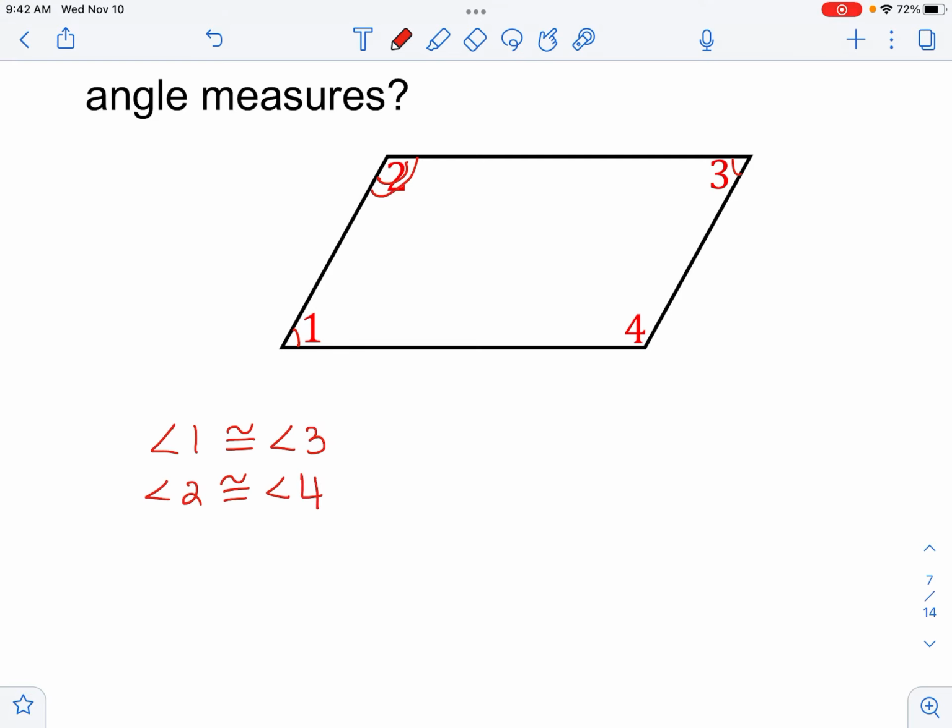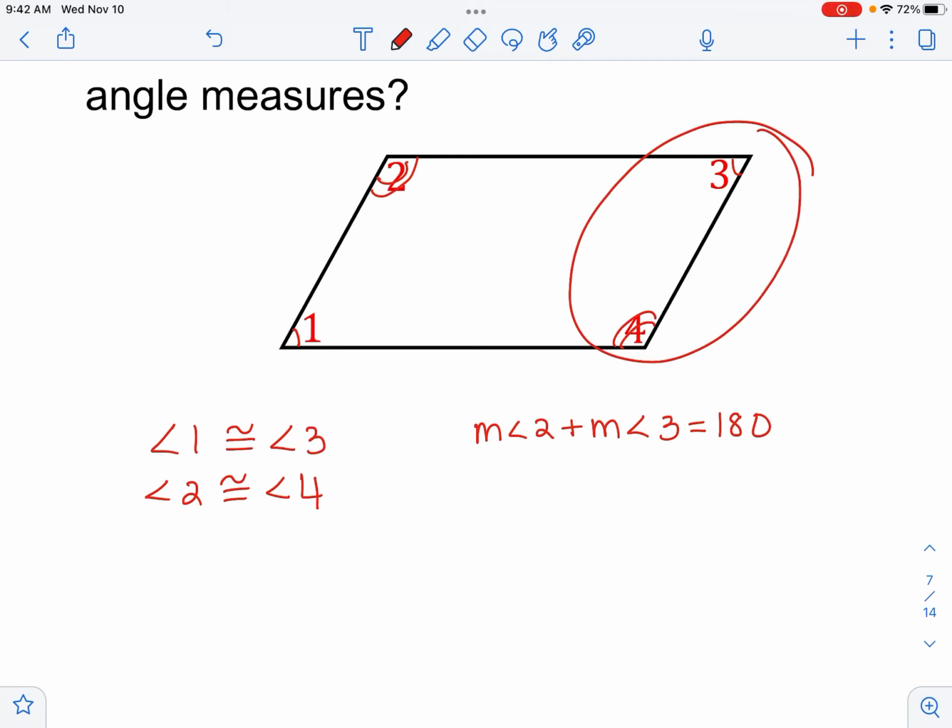I also know that I have angles next to each other that are supplementary. So for example, these two are supplementary. So I can say the measure of angle 2 plus the measure of angle 3 is equal to 180. I also know that these two angles are supplementary.